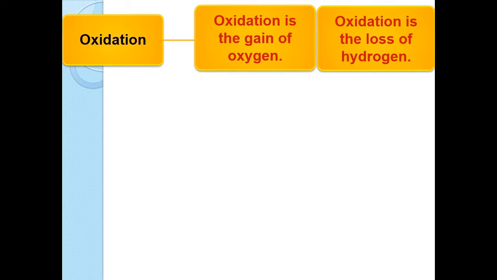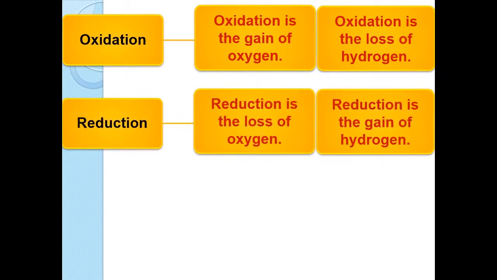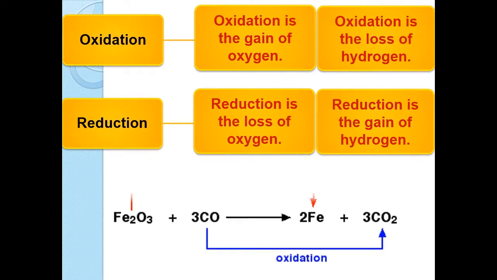Oxidation is the gain of oxygen or loss of hydrogen. Reduction is loss of oxygen or gain of hydrogen. Let us understand it with the help of this example. In this reaction, ferric oxide reacts with carbon monoxide to give iron and carbon dioxide.